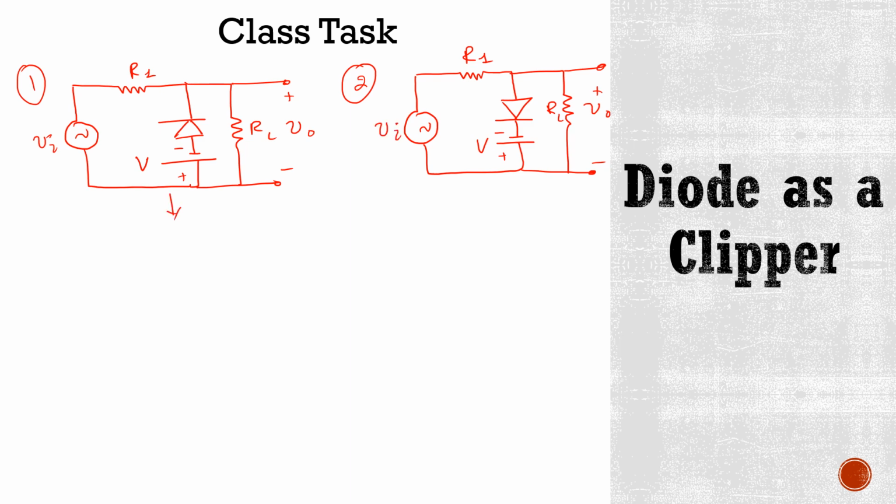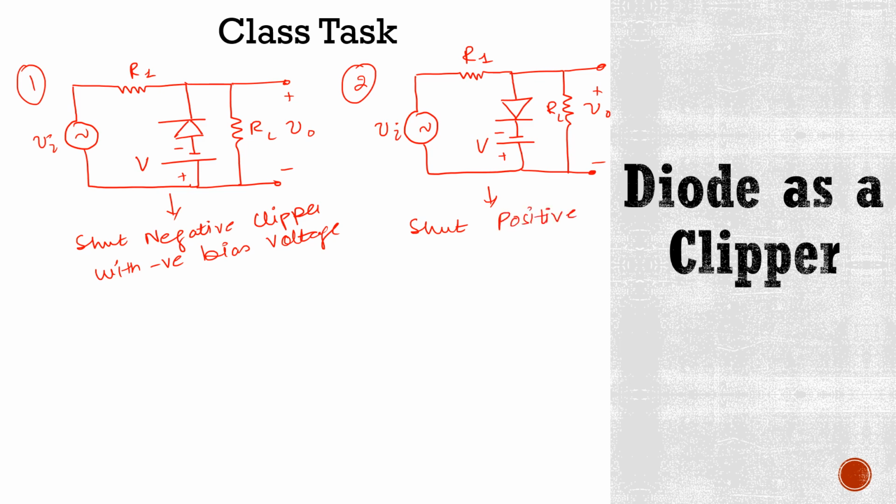Now this circuit is an example of a shunt negative clipper with negative bias voltage, and this is an example of a shunt positive clipper with negative bias voltage.